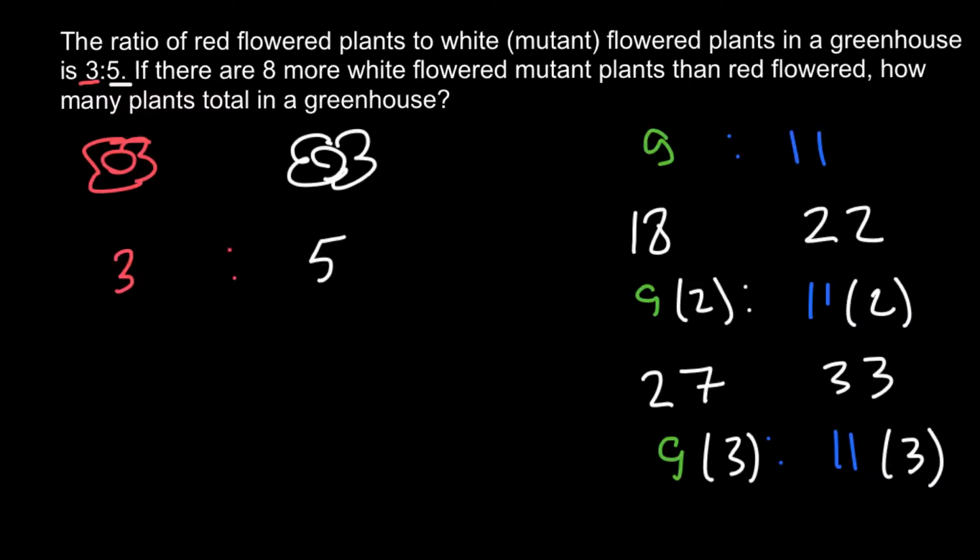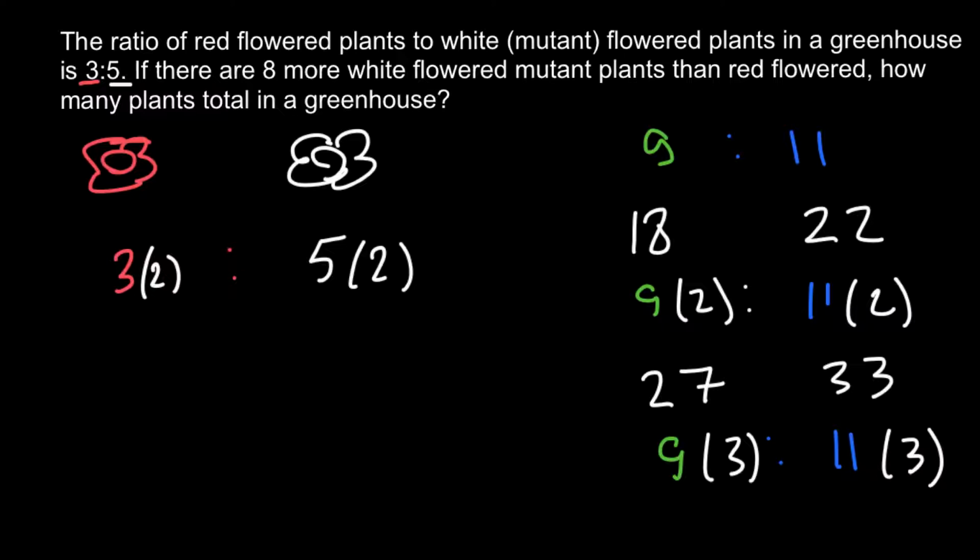So the difference between 3 and 5 would be 2. What if we multiply both sides by 2? Then here we are going to get 6 and 10. The difference would be 4, and we are looking for a difference of 8. So let's check.